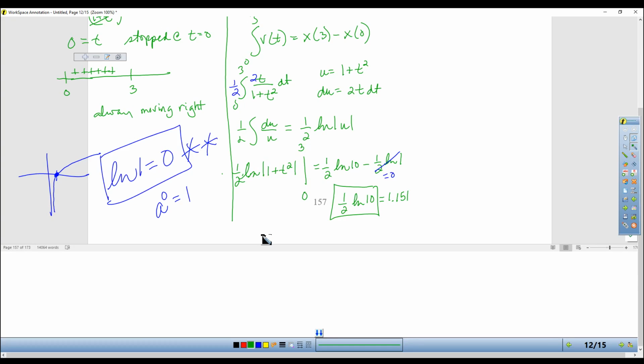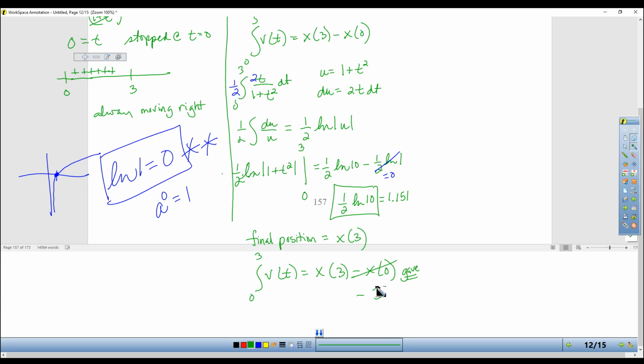The second part of B says find the final position. So they actually want to know x of 3. The final position is x of 3. So let me just do a little review of my fundamental theorem of calculus here. If I write it this way, then I can say, well, they gave me that x of 0 is 3.